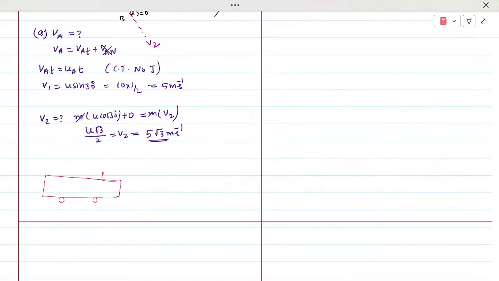So there is one gun mounted here with the person, gun and the shells, total mass 50 m, and the shell mass is m. Then the question asks for the recoil speed of the car. Recoil speed of the car.